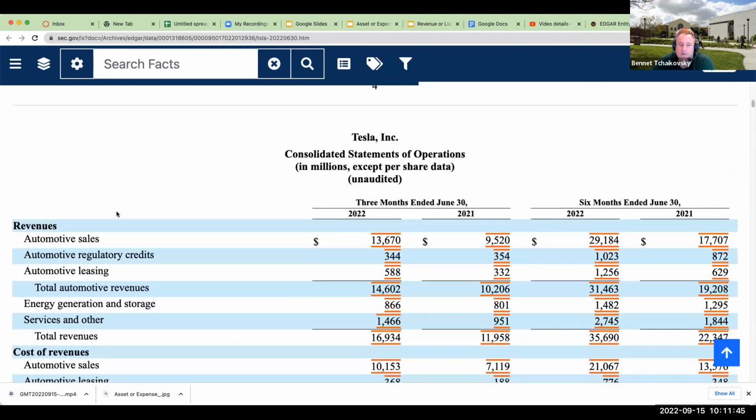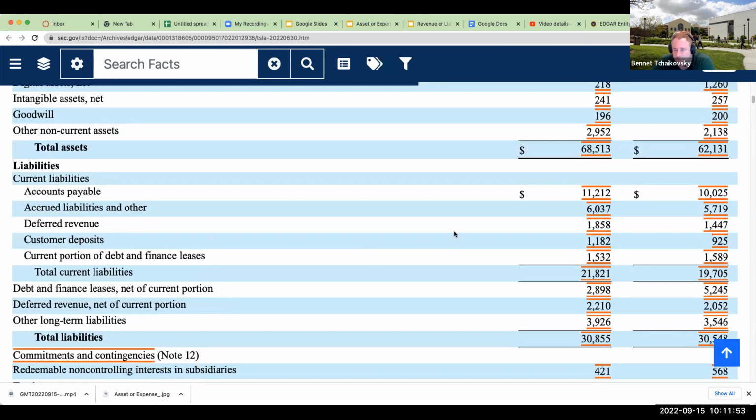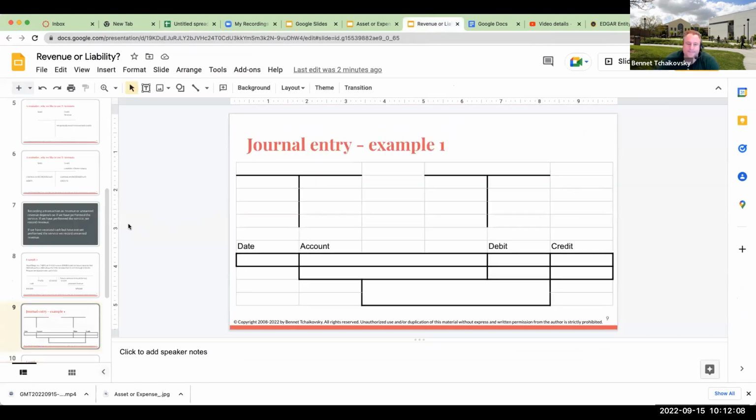I can't come down over here and say this is automotive sales, automotive regulatory credits, leasing. Rather, I have to show this as a liability. So that's one of the really important distinctions as we're looking at these different parts. So this is example one.